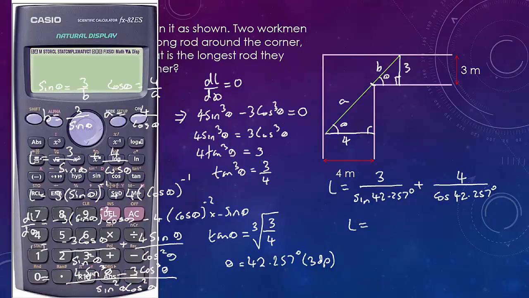So we've got 3 divided by sine of my last answer, but I think I've actually played with the calculator a bit in the intervening period, so I better just type that in and then add 4 divided by the cosine of the previous answer, 42.257.